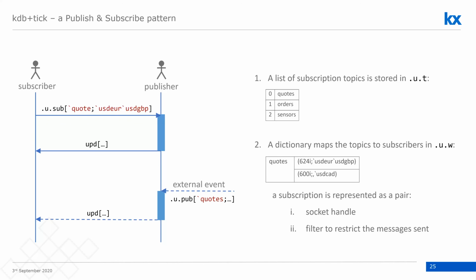So we can call u.pub quotes followed by a table or a list of updates to be pushed. Finally, subscribers can be removed by just disconnecting, and kdb+tick will clean up after itself, or by calling u.delete to remove yourself from a subscription. So now that we understand how kdb+tick works, let's build an example from scratch.